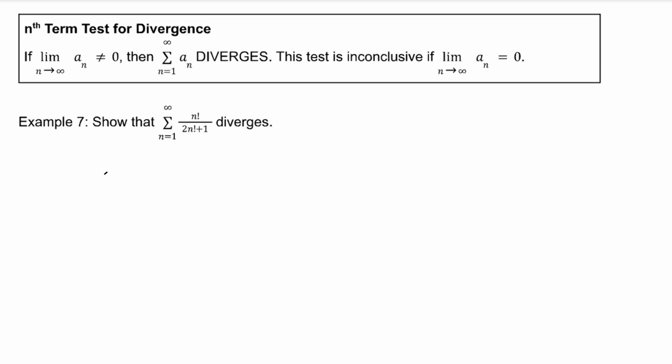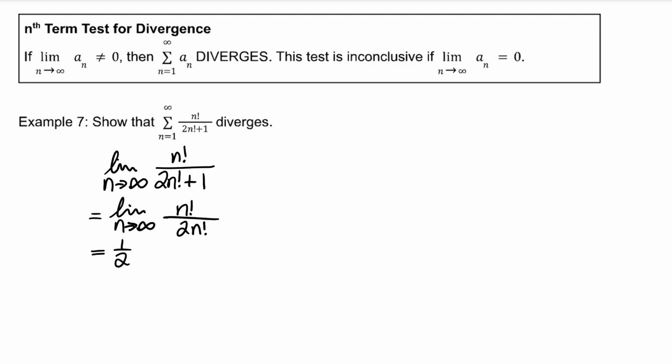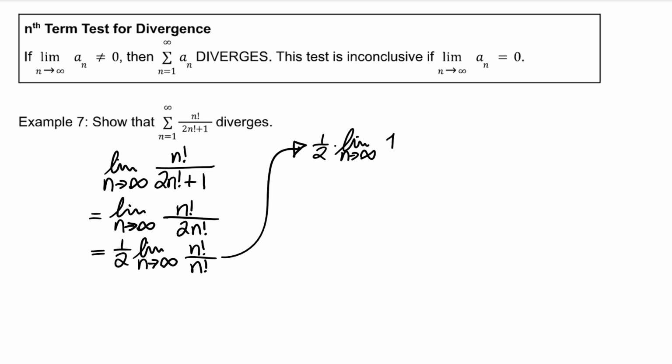To use the nth term test, we'll take the limit of the corresponding sequence as n approaches infinity. This is equivalent to the terms of highest degree. In this case, it would be the factorial. I can take 1/2 out of my limit. 1/2 times the limit as n approaches infinity of 1 would be 1/2 times 1, which is 1/2.